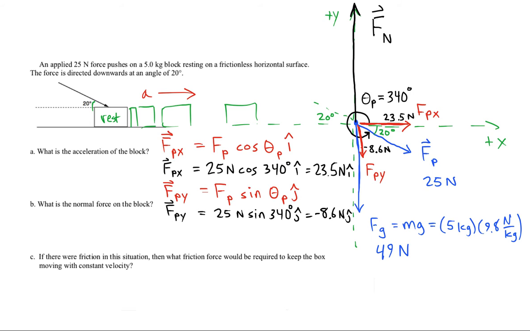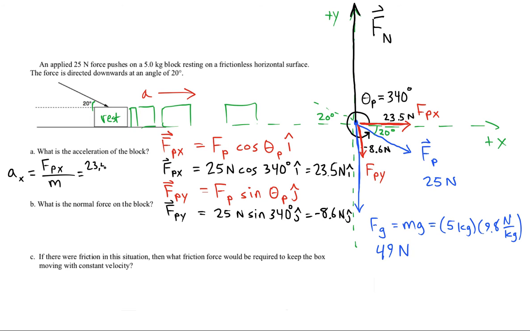And we want to see which force out of all the possibilities is the unbalanced force. It turns out that Fpx is the unbalanced force, so it is the thing we would use to calculate the acceleration of this block. We can use Newton's second law for that, where Fpx represents the unbalanced force, and m is the mass of the block.